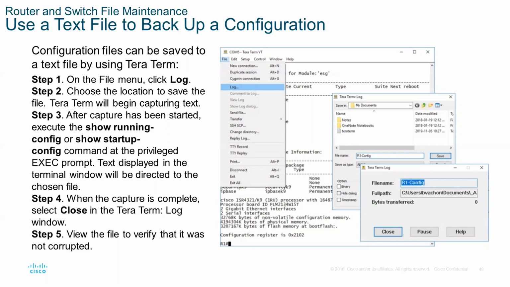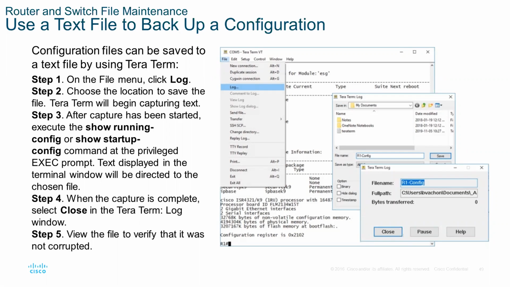Alright, so we go into the log, set up the file name for the log file, and then we do the command that displays what we want to capture, and then we can close the logging window, and that will have a config file saved.